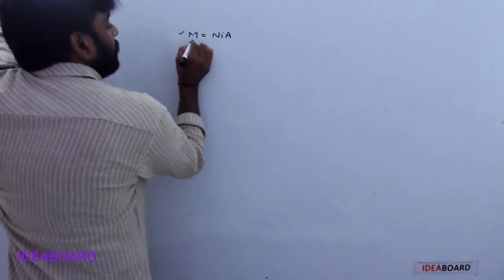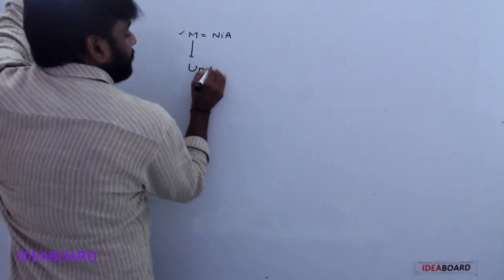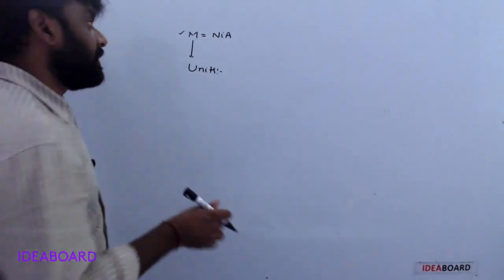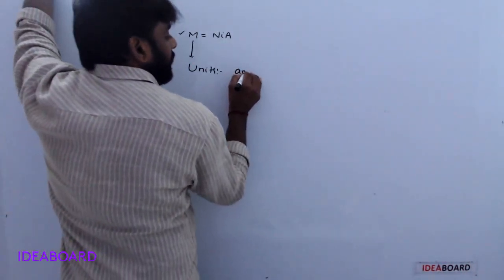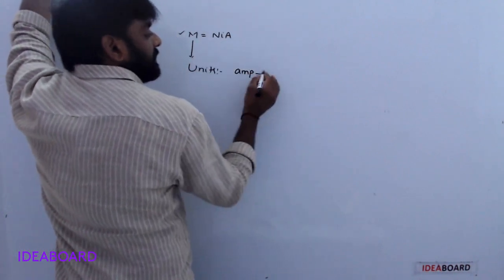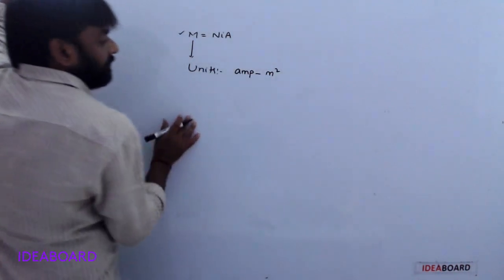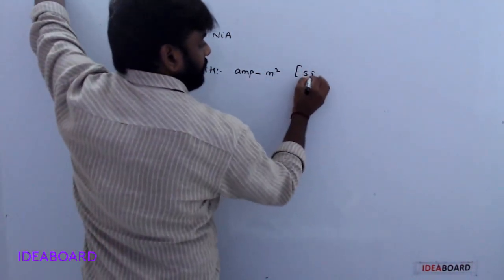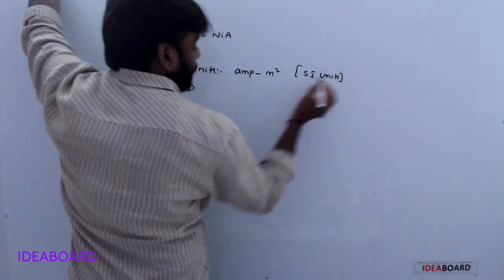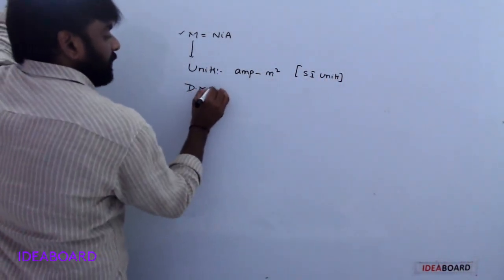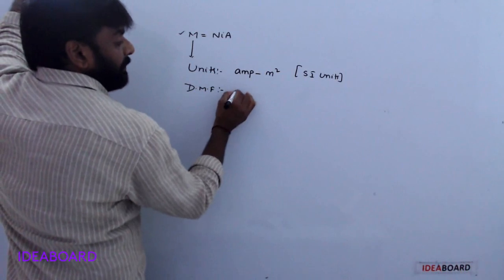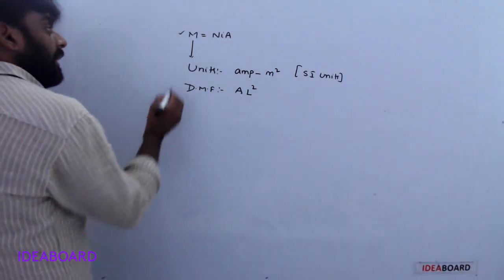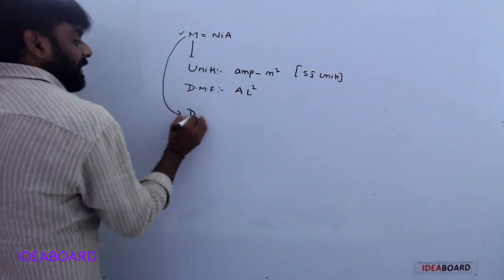Now the units: number of turns is a number, with no units; I is current in ampere; A is area in meter square. These are the SI units. The dimensional formula is ampere A L square.